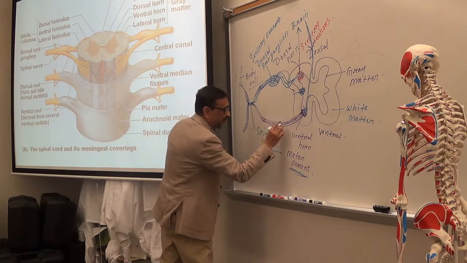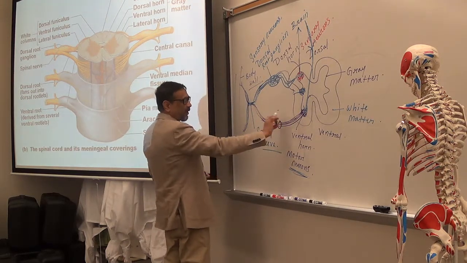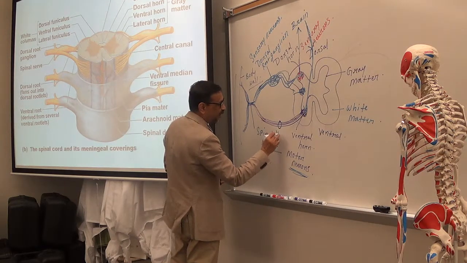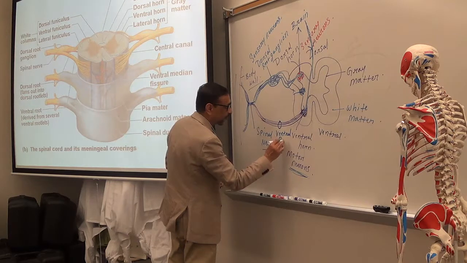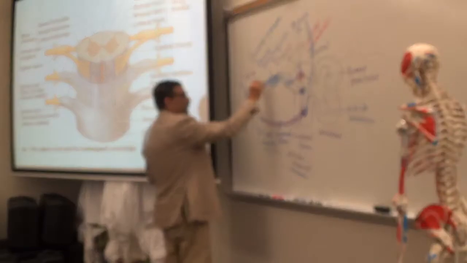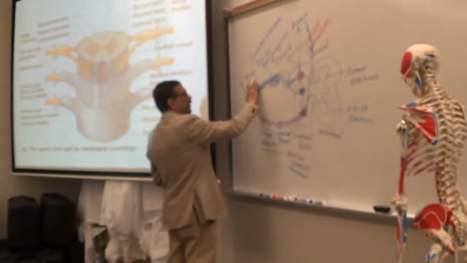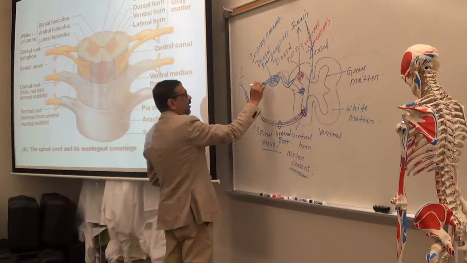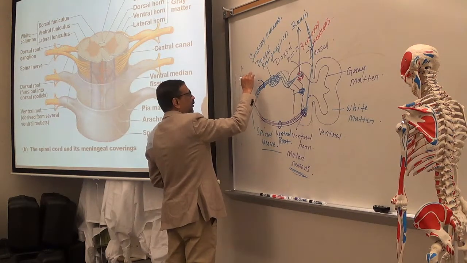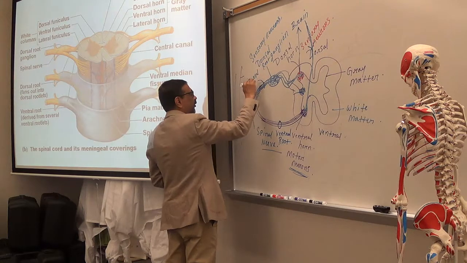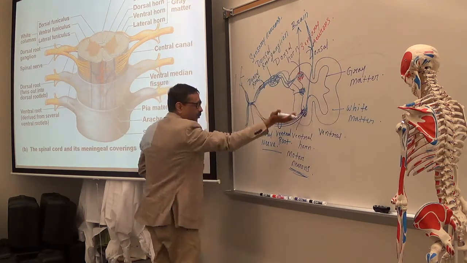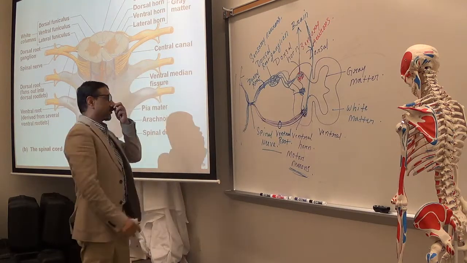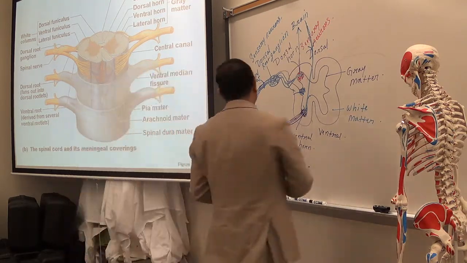Now, this structure, the bundle of fibers, is called the ventral root. And this bundle of fibers is called the dorsal root. Everything in the back is dorsal, front is ventral. Okay. So now let's quickly review.